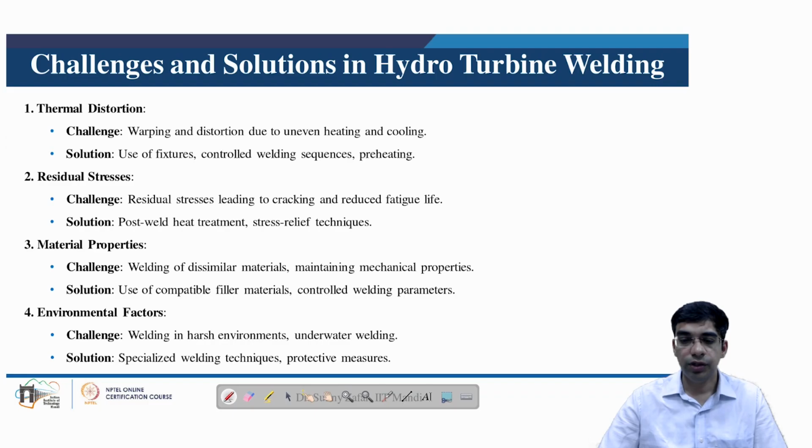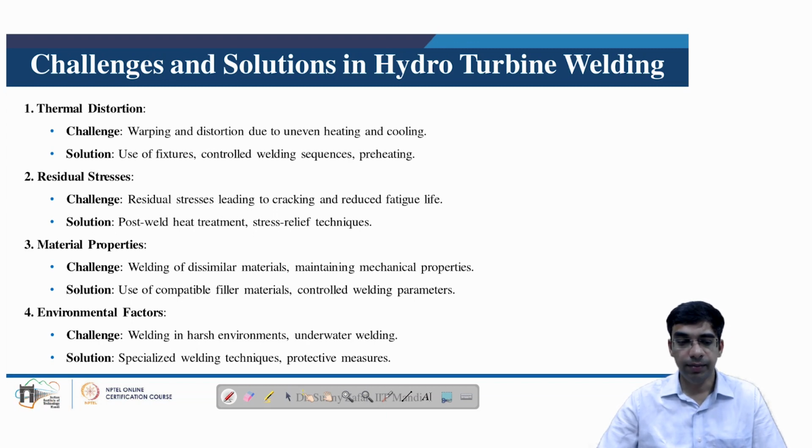Some challenges and solutions in hydro turbine welding involve thermal distortion, which occurs due to warping and uneven heating and cooling. Use of fixtures, a controlled weld sequence, and preheating may be useful.